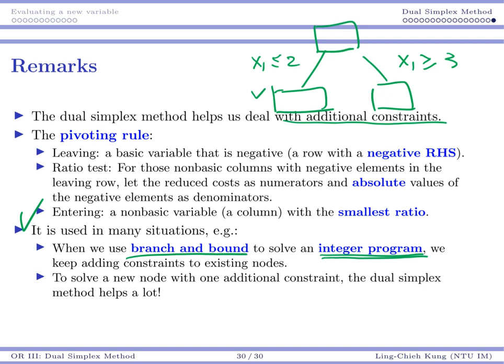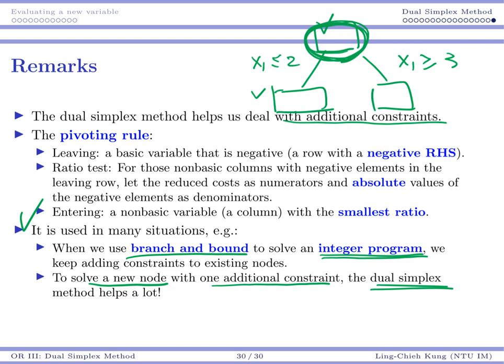So if you have a lot of linear programs to solve, you can always invoke the simplex method from scratch. But now you know you don't need to do that. To solve a new node, if we know the optimal solution for your parent node, then for your new child node with an additional constraint, just use the dual simplex method.